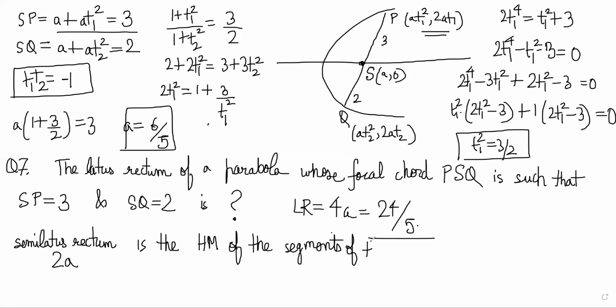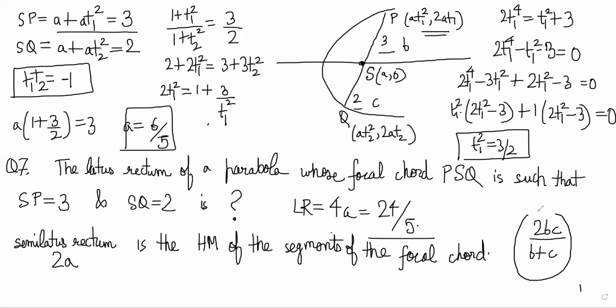Here the focal chord has two segments, 3 and 2, right? So let's call them B and C. So what is the HM of B and C? It is 2BC by B plus C, right? So we can say 2BC by B plus C will be equal to 2A.